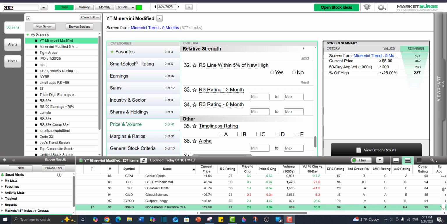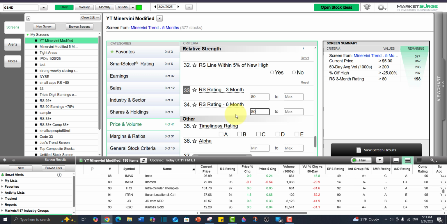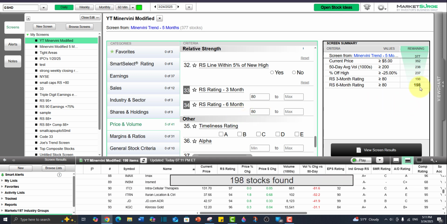I'm going to lower that down to 80 because sometimes if you have a good stock that's in a big base, it might be basing for a while while the indexes are moving up, and it might lag down to the lower 80s. So let's go relative strength rating 3-month 80 and 6-month 80. And that brings us down to 198.